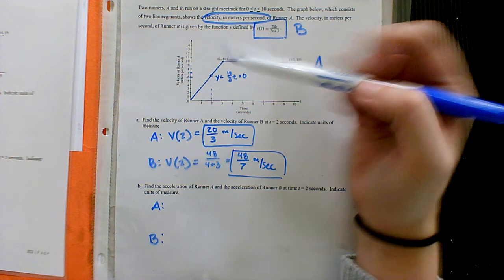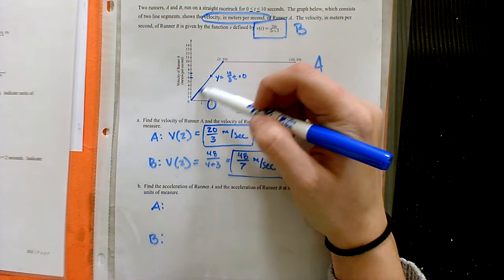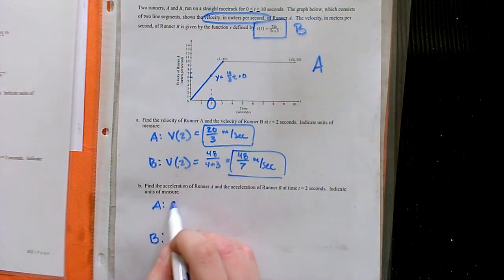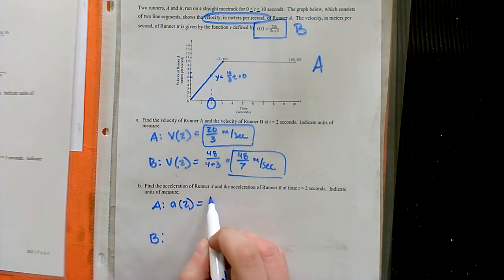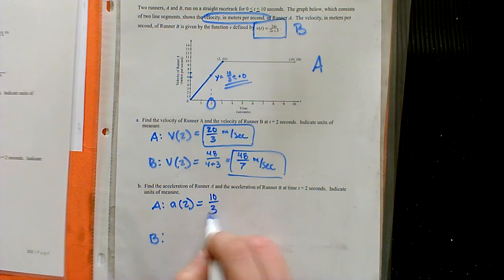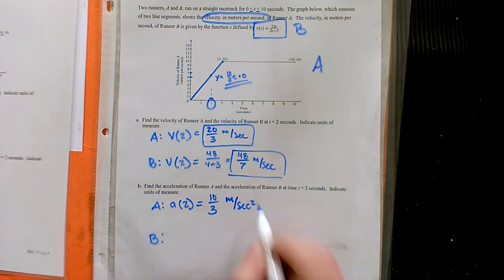Okay, so if we're looking at time 2, the acceleration at this point would be the slope of this line. Did we already say what that was? 10/3. Okay, basically the derivative of that equation that we found. Can we put a unit of measure on that? If it's acceleration? Meters per second squared.